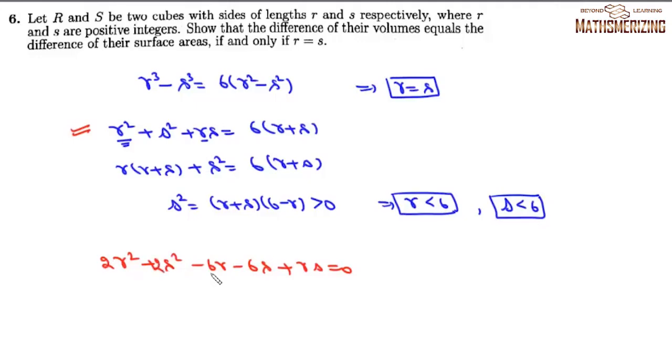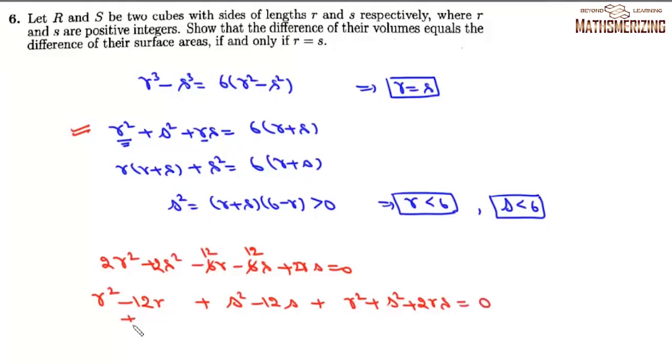So this is 2, this is 2, here it will be 12 and 2RS. Now we can write this as R square minus 12R plus S square minus 12S plus R square plus S square plus 2RS, and this is equal to 0.